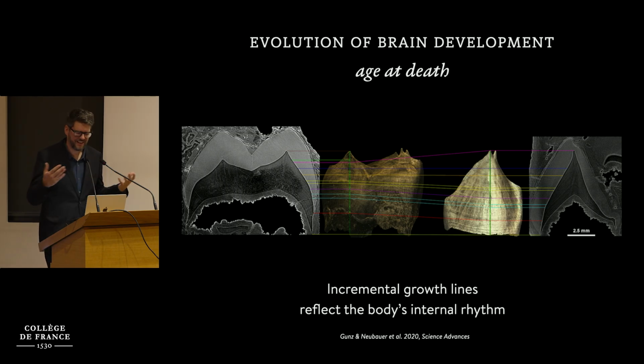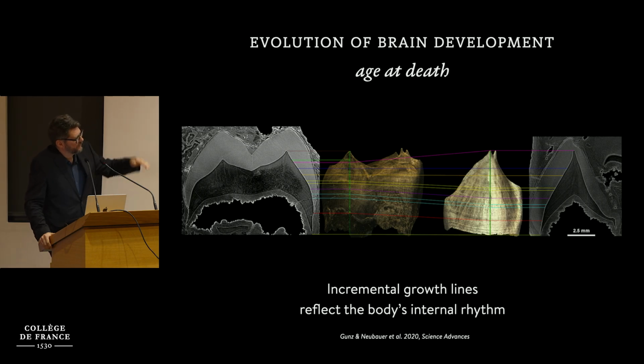A tooth grows in daily increments, and because you grow at different speeds during the day and during the night, you have daily growth lines, and then you can count them like the rings on a tree to determine how old that individual was when he died.